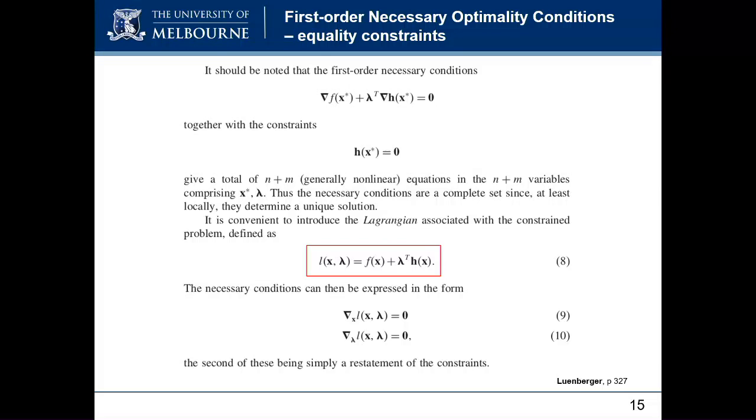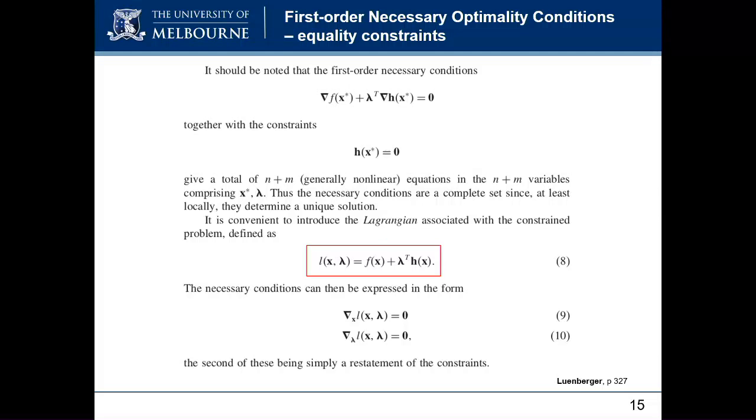So moving to the left-hand side or right-hand side didn't make any difference. So f of x is a scalar valued function, plus lambda is a vector, so this is a dot product with h. If you have only one constraint, then it's scalar, lambda 1 times h1, or if you have multiple, then you need one lambda for each constraint to get that alignment.